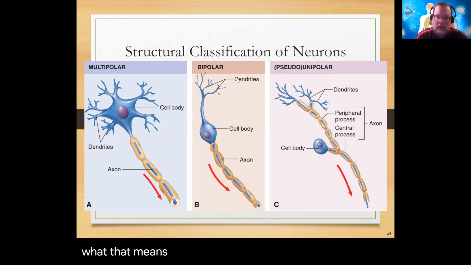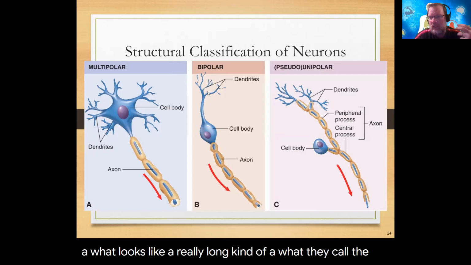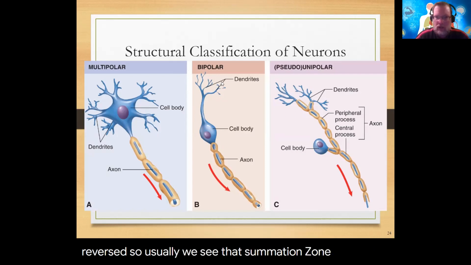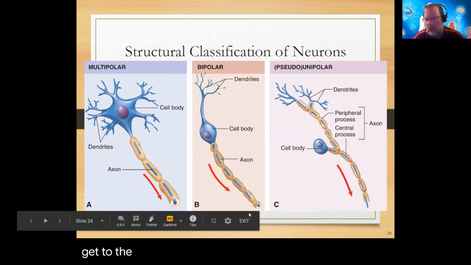So what that means is all this energy is going to come in through all these different dendrites, and then it's going to condense itself and funnel into what looks like a really long process, almost like the summation zone but reversed. Usually we see that summation zone here. This time we can get some of that happening here before we get to the cell body and then the axon.